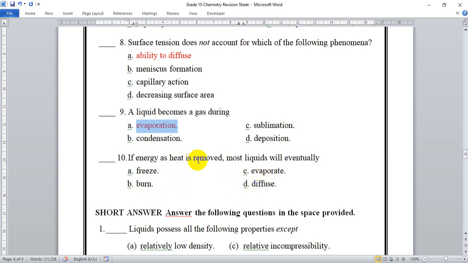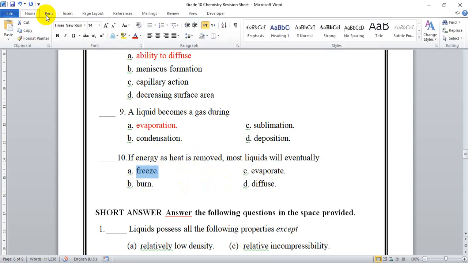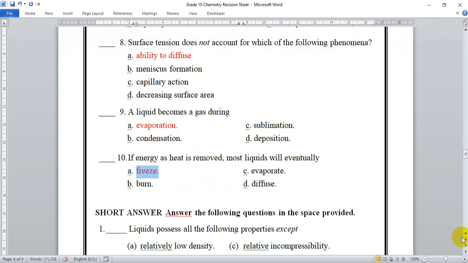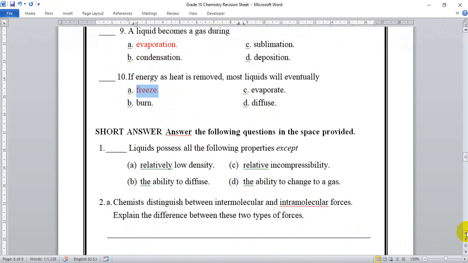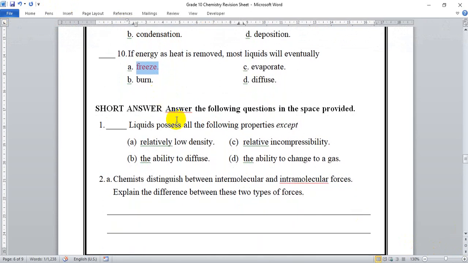When heat is removed from a liquid, the liquid becomes a solid, or freezes. Liquids possess all of the following properties except relatively low density, the ability to diffuse, relative incompressibility, or the ability to change to a gas. So, except what? Relatively low density. A.